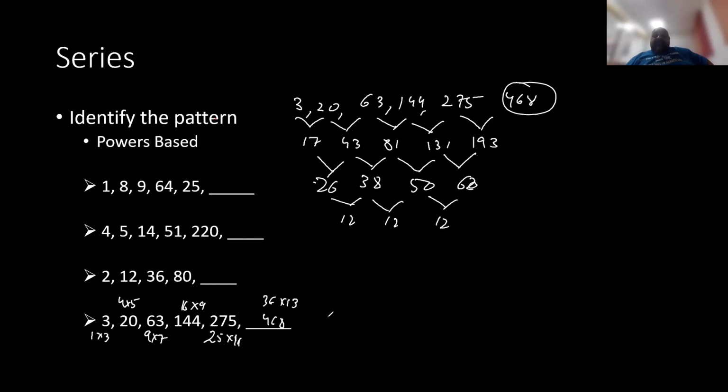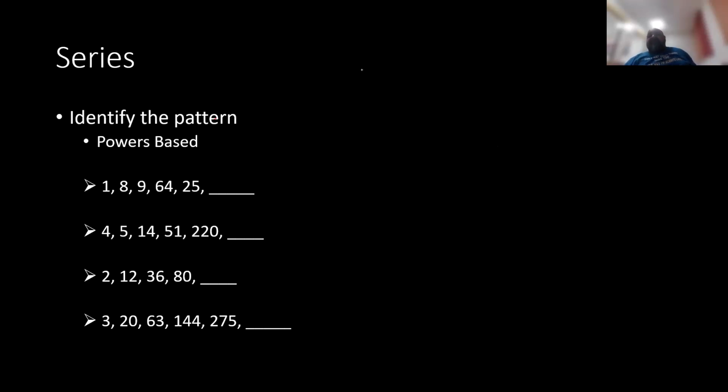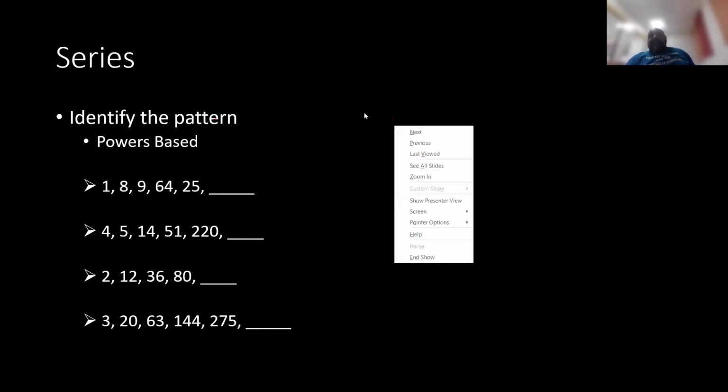As you can see, this is a power based series, but even doing differences of differences eventually gave me the answer. And therefore, as I said, if it is a number based series, a safe way to start off is look at the differences and look for a pattern. If that doesn't happen, look for a multiplier. That doesn't happen, look for powers. There could also be factorial based patterns. For example, 1, 2, 4, 9, 28.